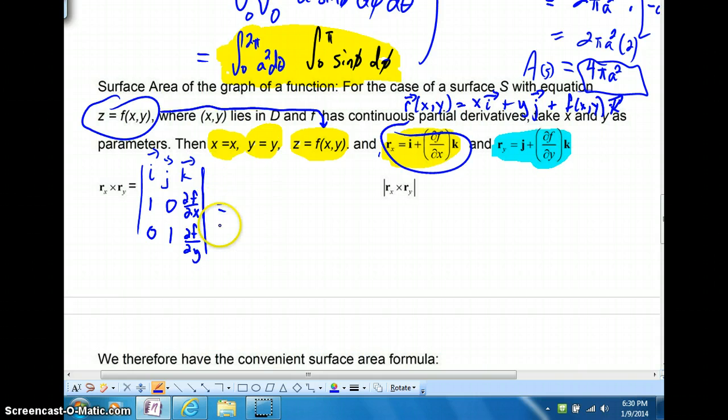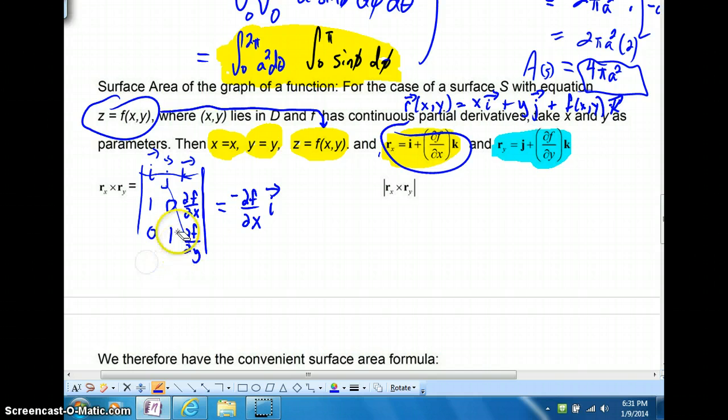Now, working this determinant out by hand, you could see what we could do very, very quickly. Crossing out the i column in the top row, doing a 2 by 2 determinant, the first diagonal would wipe out entirely. You'd be left with the negative partial derivative of f with respect to x. That's your i component.